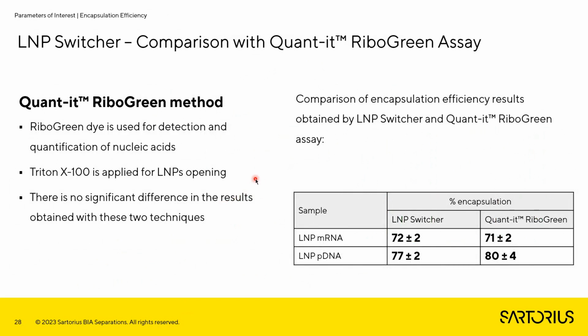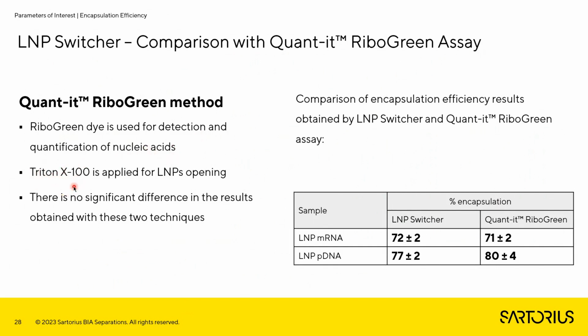At the end, I want to show you also the comparison of LNP switcher to the results obtained using the conventional RiboGreen assay. In the RiboGreen assay, RiboGreen dye is used for detection and quantification of nucleic acids.